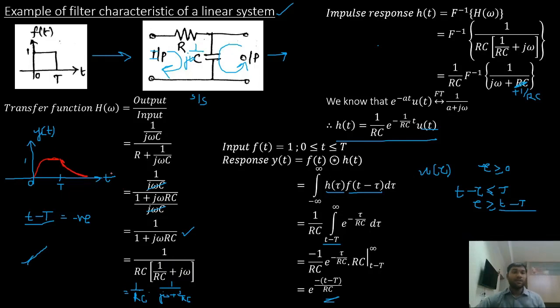This is my response. So if you look at the input and the output, what we can infer is there is a sudden rise in the input. This sudden rise means the frequency present at this position is high frequency. Sudden rise indicates high frequency components.